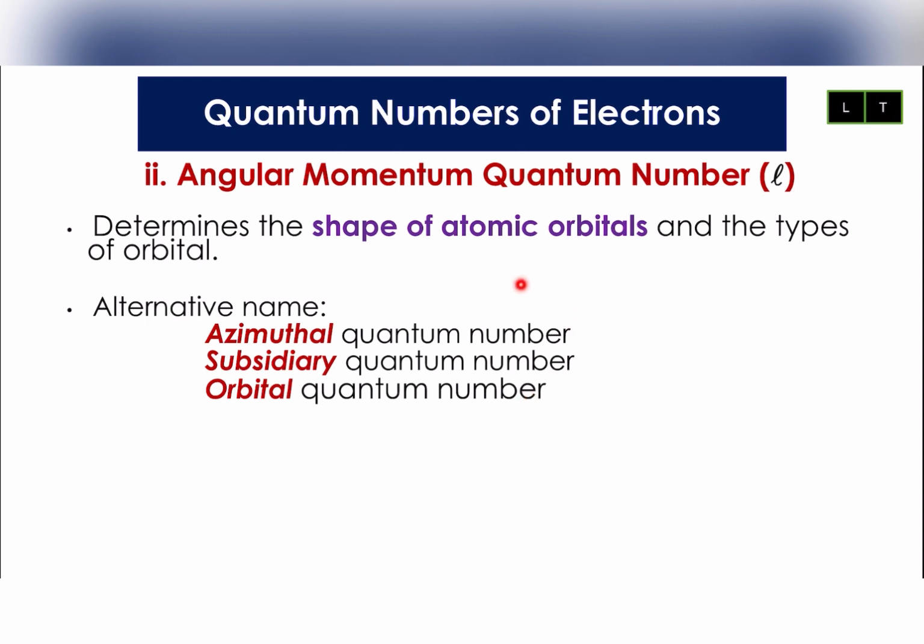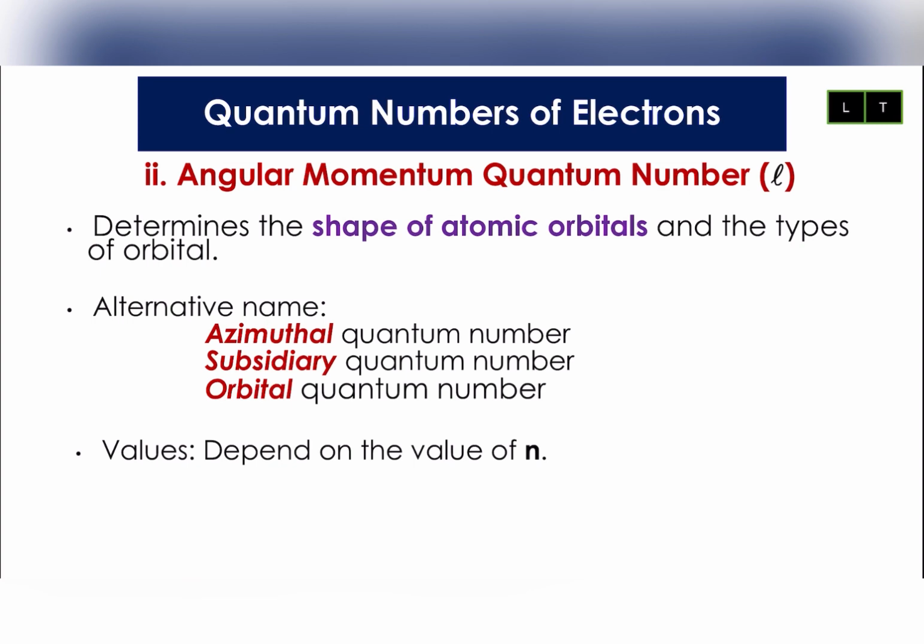They all mean the same as angular momentum quantum number. The value of L depends on the value of n, the principal quantum number, so you have to determine n first, and later on you can determine L.